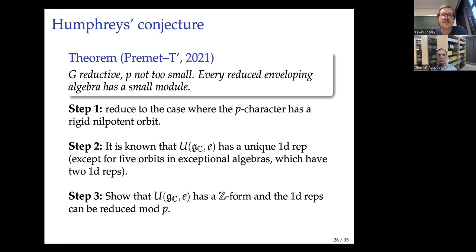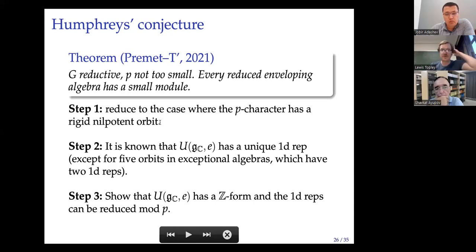And so again, under the standard hypotheses, or p not too small, every reduced enveloping algebra has a small module. So the steps here were to reduce to the case where the p-character has a rigid nilpotent orbit. So these are a special class of nilpotent orbits which can't be obtained by some proper Lusztig-Spaltenstein induction. I won't say more about that.